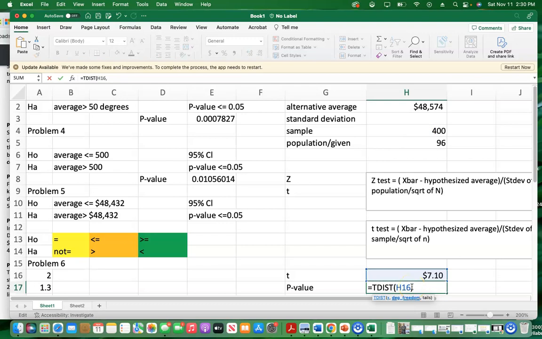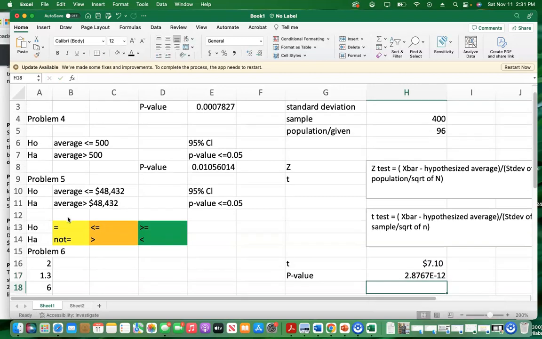You put a comma, you can write 399, and then we have to consider the tails. In this case, you can see that the alternative hypothesis is focusing on greater than, and therefore that is one tail. And so I'm going to click one tail and close the bracket, and you can enter, and that is our p-value.